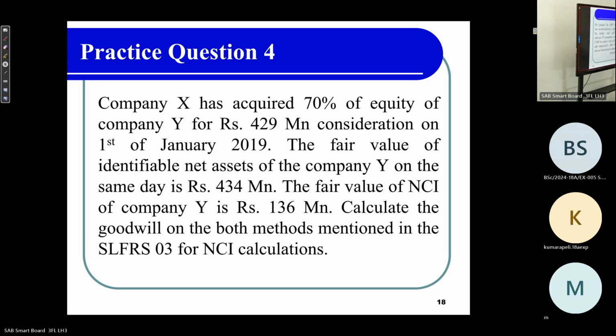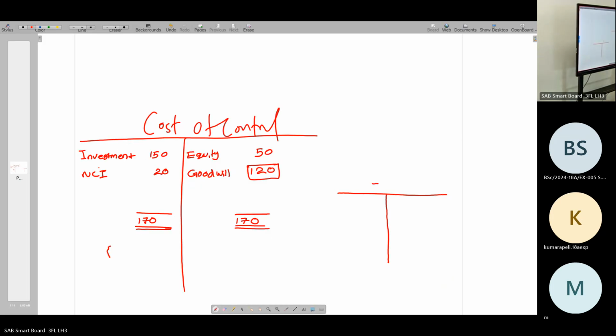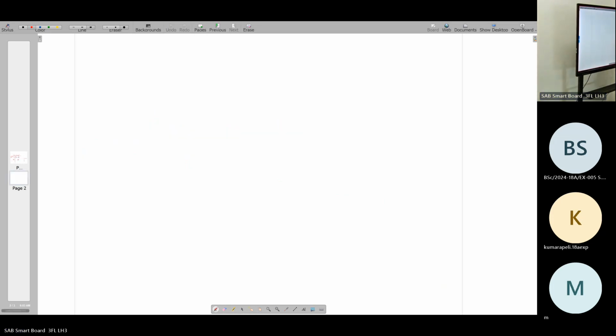Right? Okay. There are two ways to take the NCI, so let's prepare for both. We will prepare two cost of control accounts.